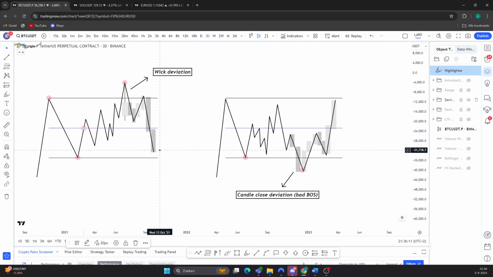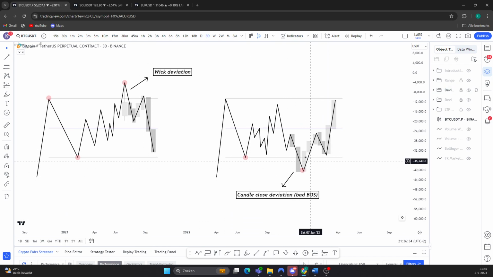However, I have also taught you guys about good break of structures and bad break of structures, right? Where that good break of structure had that good distance away from your market structure high and a minimum of 1 candle close above it before retracing. That was that good break of structure. Well, the bad break of structure was whenever you see something like this, where we break our range low, but the second candle immediately comes and closes back inside.